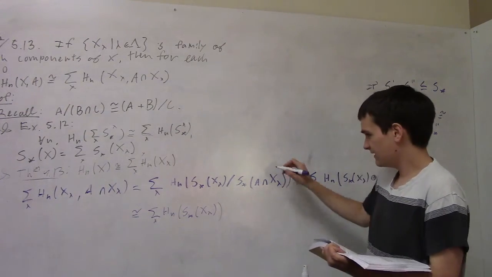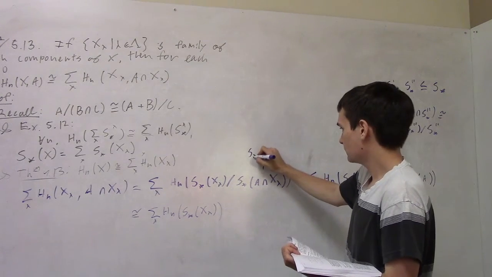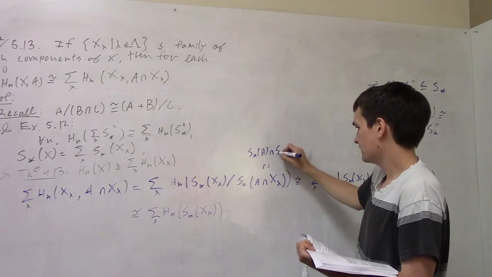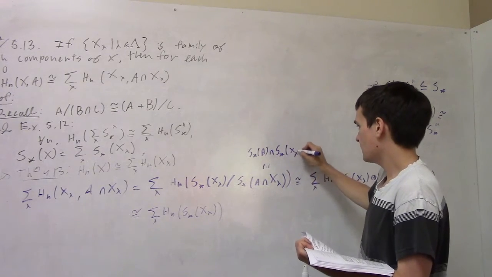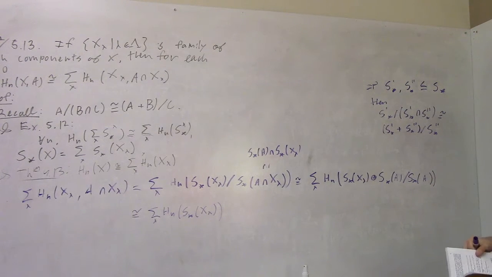So here we've got this. I guess you also need that this is isomorphic to S star A intersect S star X sub lambda. Yeah, that's what I was wondering. I think that's actually the definition, because remember, intersection is termwise. Huh.